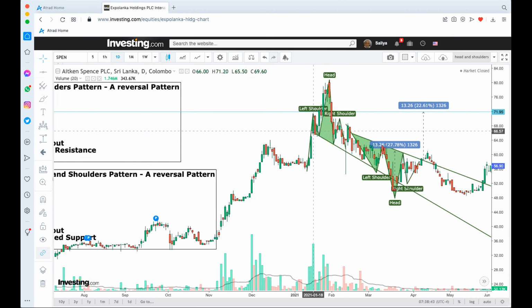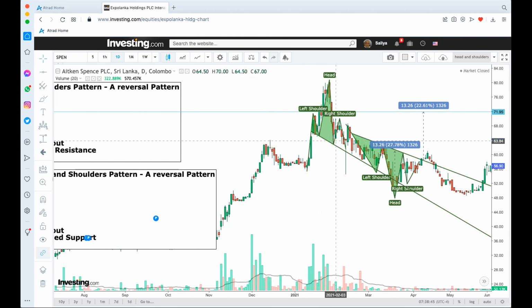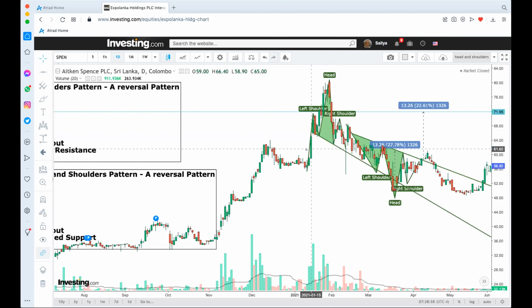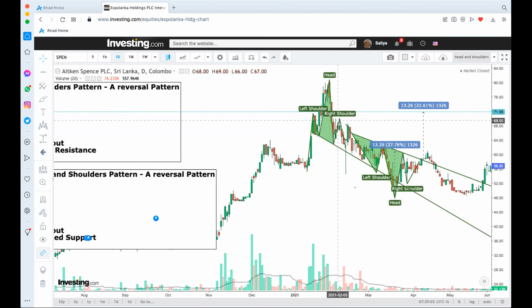So you can visually draw your neckline, because that is what we are going to use to do a projection. Once you have the neckline and you have the head, you can do a projection. You don't need to draw the left and the right shoulders. In this instance, also the same story.